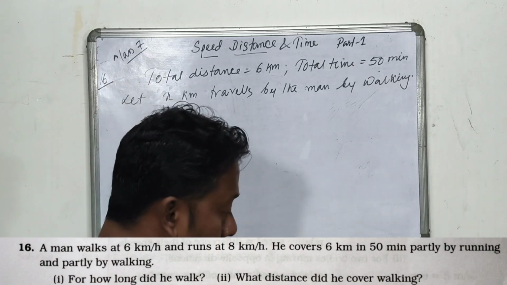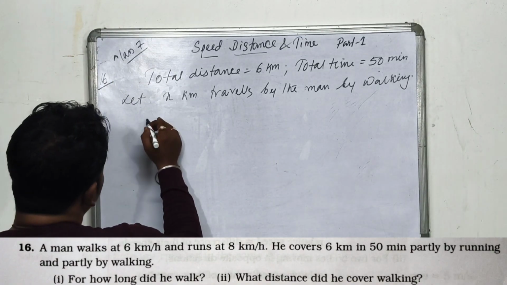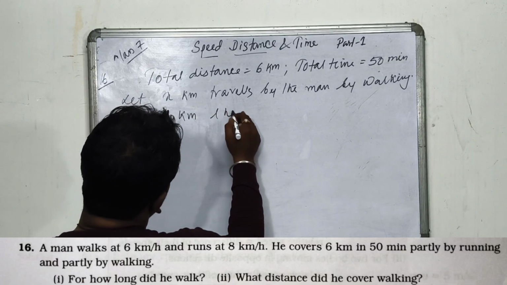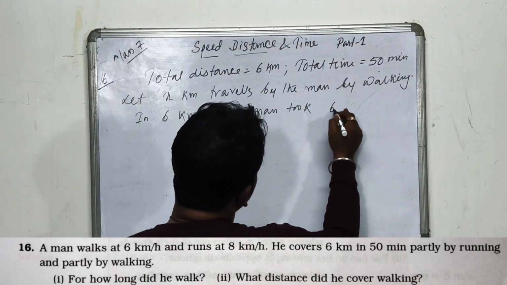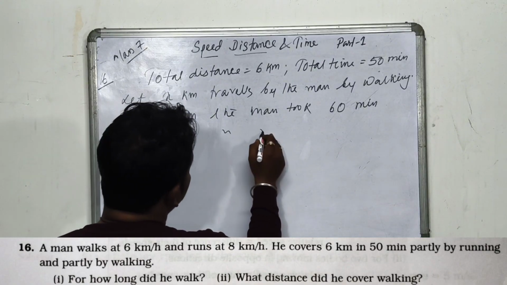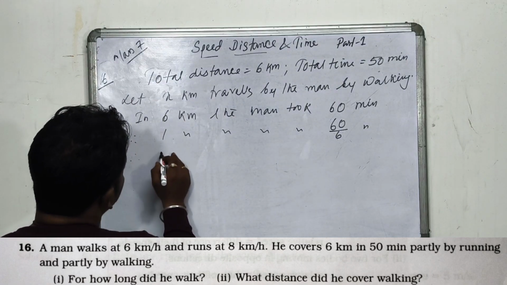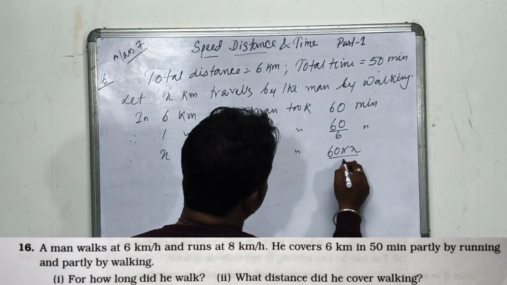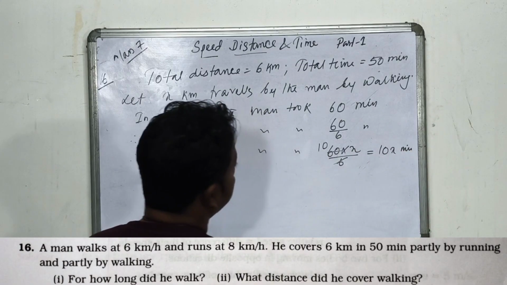Okay, now the walking speed is 6 km per hour. That means in 6 km the man took 1 hour or 60 minutes. Therefore, in 1 kilometer the man took 60 by 6 minutes. Therefore, in x kilometer the man took 60 into x by 6, that is 10x minutes.